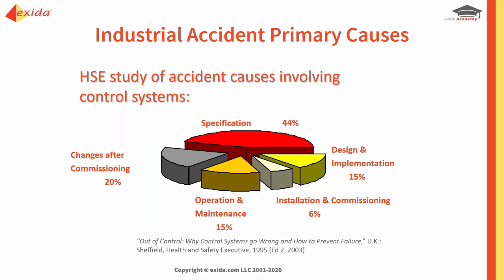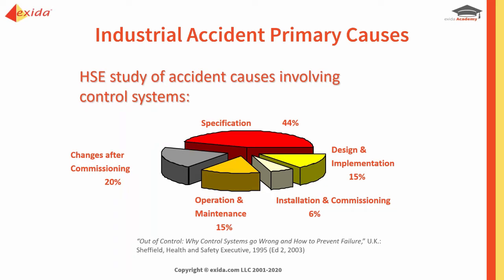So they did this again in 2003, and the sad part about it was that they didn't really notice a huge difference in the 8 years, because people still do not see the benefit of trying to manage and prevent systematic issues from creeping in. The dear late Trevor Kletz used to say, if you think safety is expensive, try an accident, because accidents are going to cost significant amounts of money and possibly lives.